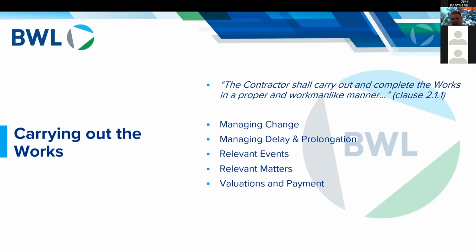The criticism, perhaps, of a JCT contract is that to follow through a process on a particular issue, you tend to need to jump around the contract quite a lot. It's not like it's issue contained. You can't say, this is my issue and this is the one particular clause that addresses that issue.